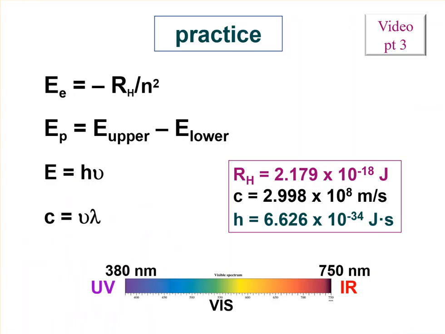I do have another video that covers this, but these two slides, the one before and this one, will really help you do all the calculations that you're going to do in lab for the hydrogen line spectrum. And you're basically going to use these equations to do all of those calculations.